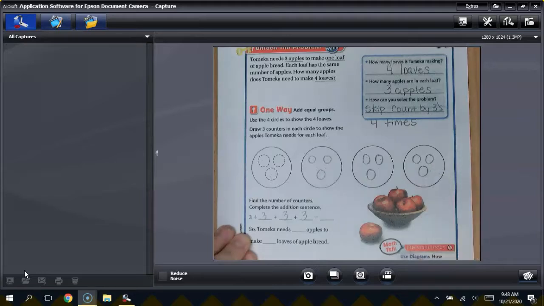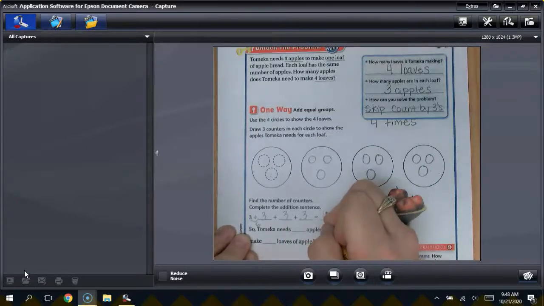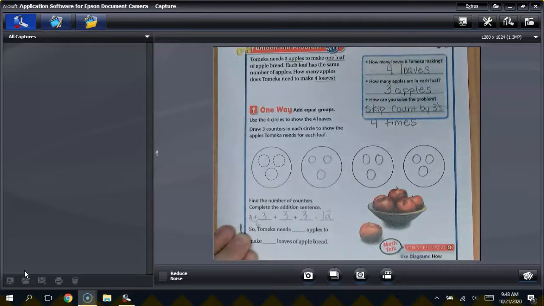What is that answer? Let's count. 3 plus 3 is 6. 6 plus 3 is 9. And 9 plus 3 is 12. So my answer is 12.